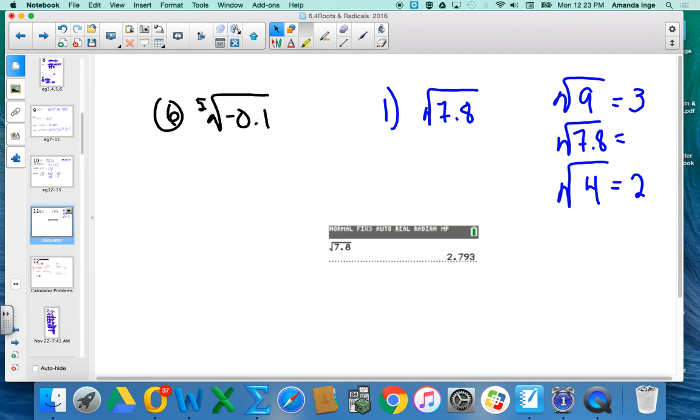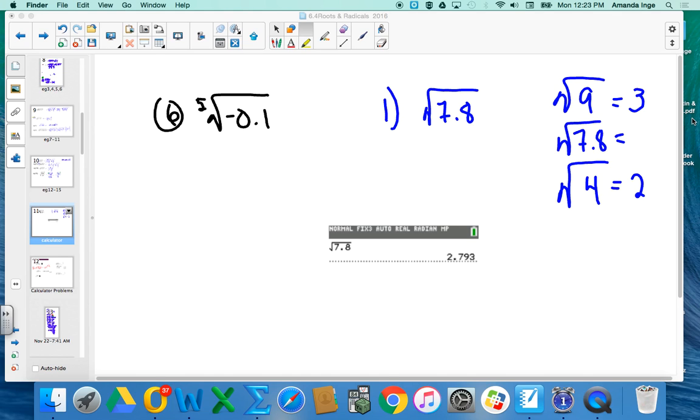The first one I have up here says the square root of 7.8. On that particular problem, I know that the square root of 9 is 3, and I know the square root of 4 is 2. So this number, whatever it is, has to be between 3 and 2. Everybody understand that?